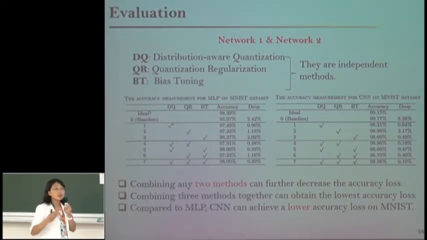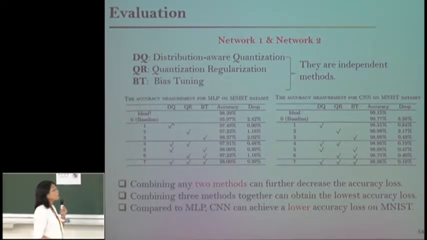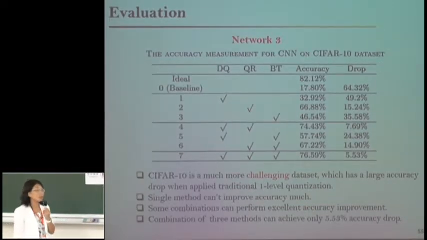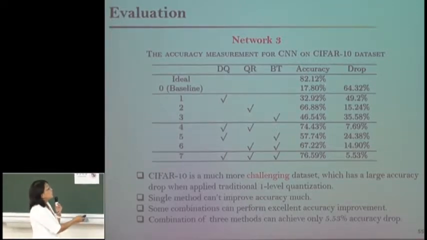But as the data set and network become more complex, for the CNN on the CIFAR-10 data set it is quite critical. As you can see, the baseline is completely damaged, and the system cannot work. Applying one technology cannot recover that, and performance is still far from satisfactory.